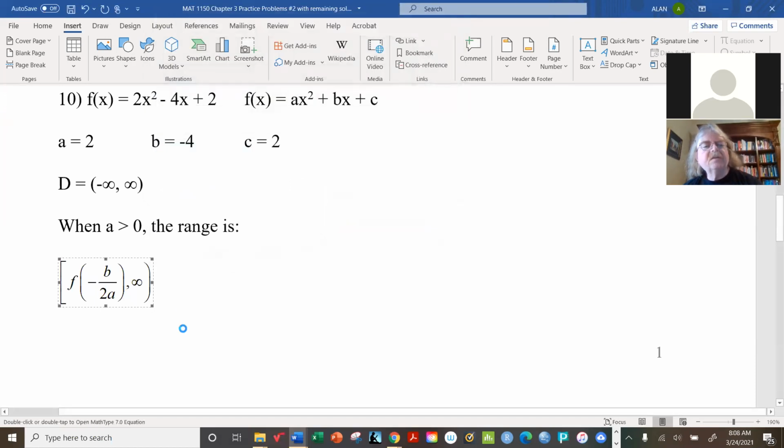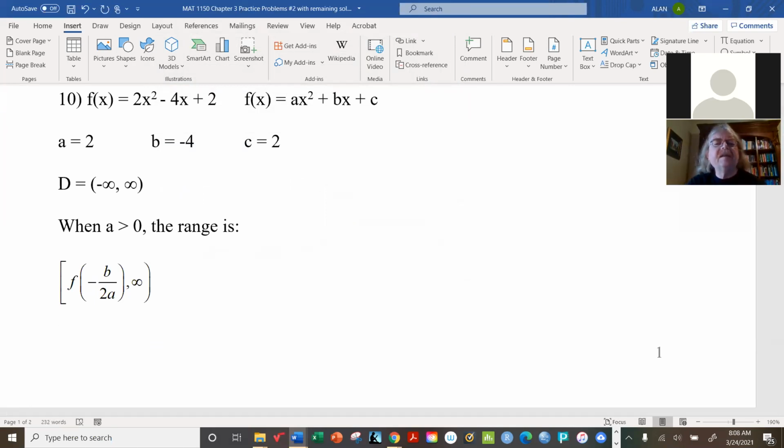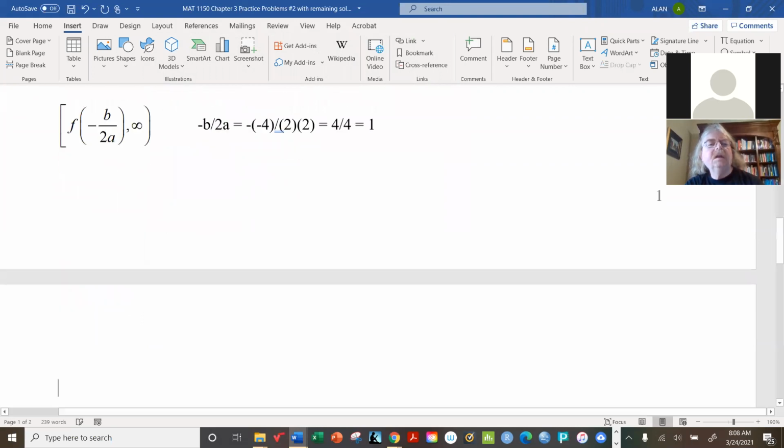So now we can just plug in the numbers. First things first, negative b over 2a is negative 4 over 2 times 2, which means 4 over 4, which is just 1.